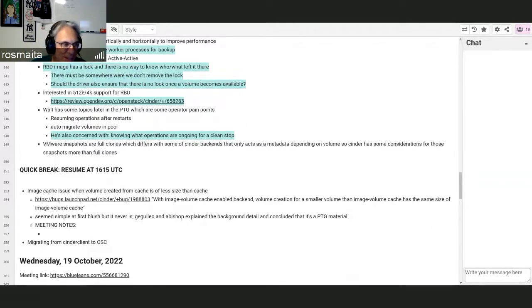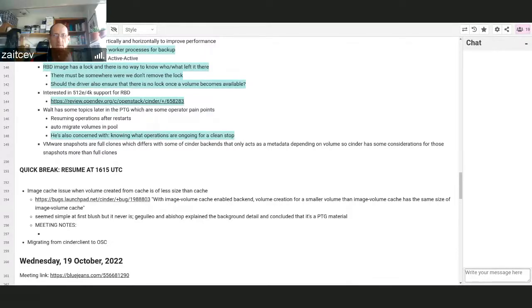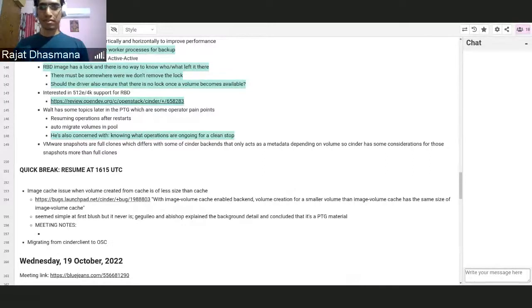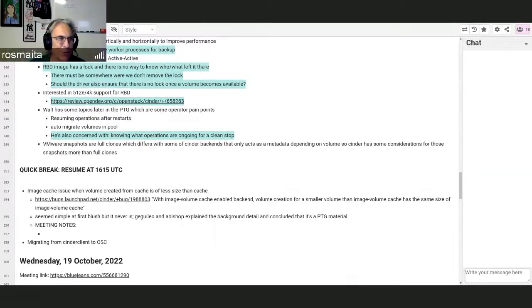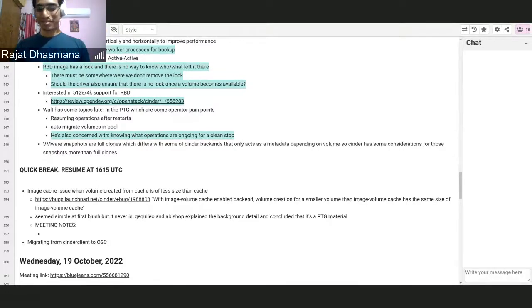Pete, do you have it? In the Blue Jeans, there's a way you can mark the recording. Oh, you have to start the recording. Oh, recording's going. Sorry, I forgot to stop it. Yeah, I always forget that too.